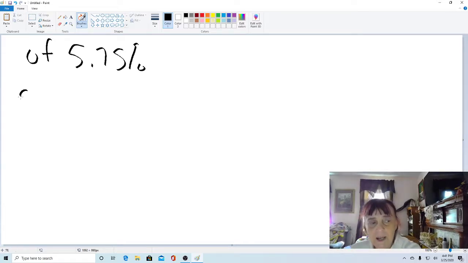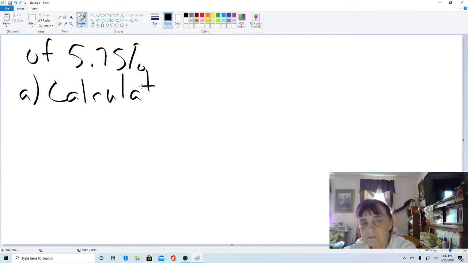Now, part A says calculate the simple interest on the loan.